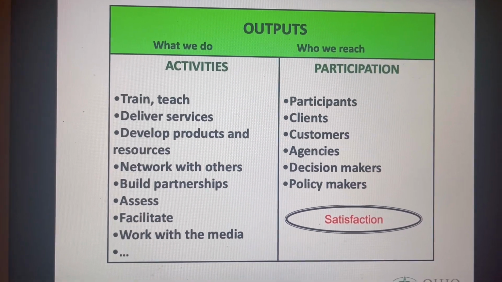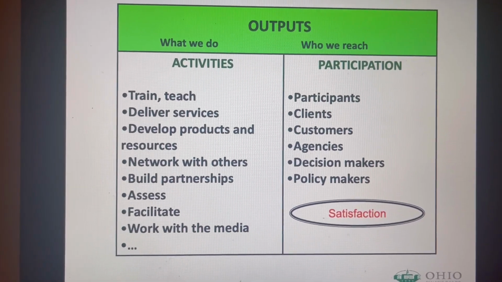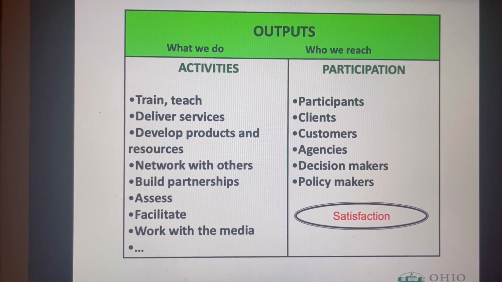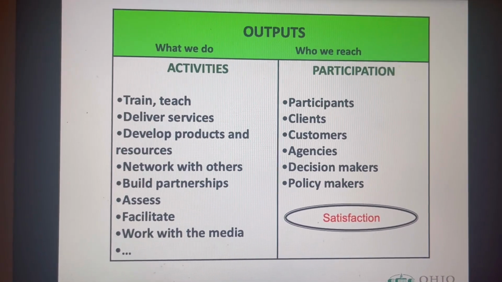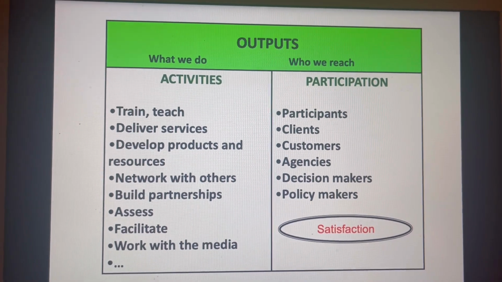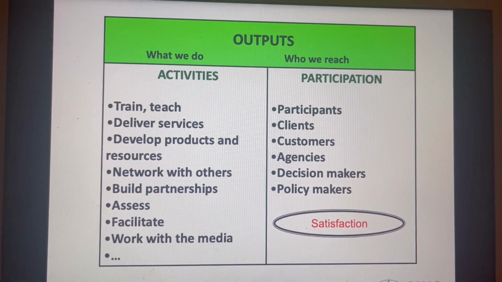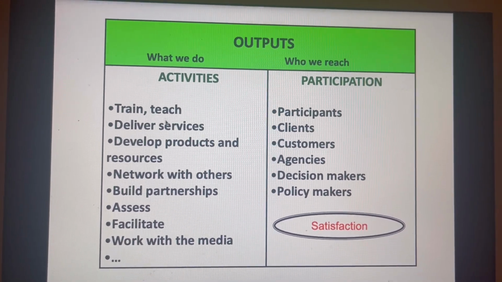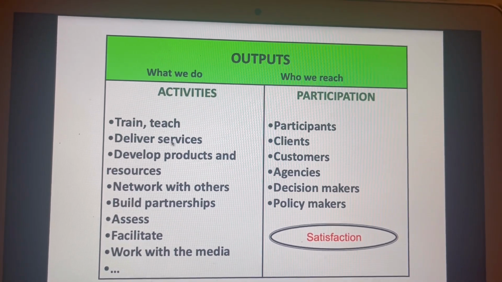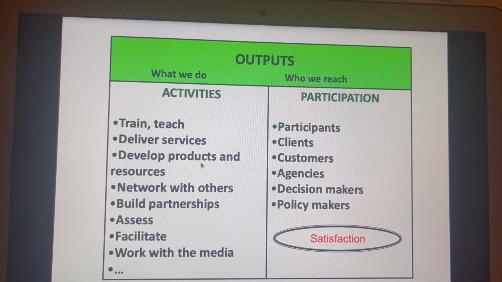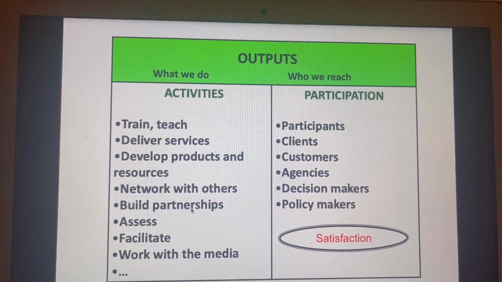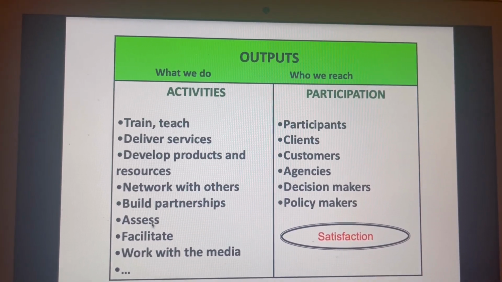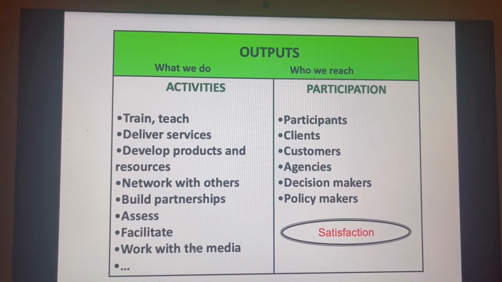For the output columns, we're looking at the activities, which is what we do. The activities column means training sessions you'll be conducting if you're having an educational intervention, teaching, delivering services, developing products, networking with others, building partnerships, assessing, facilitating, working with the media.